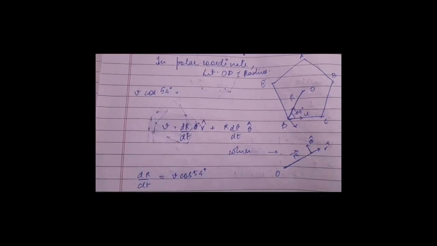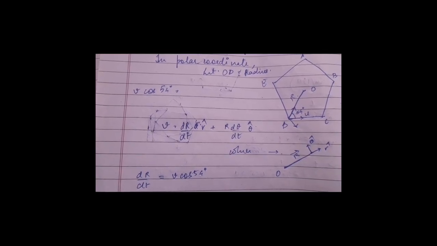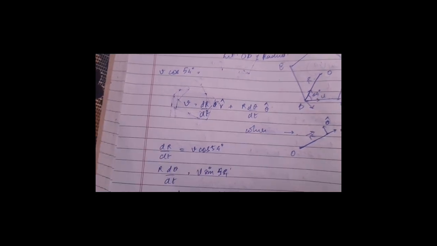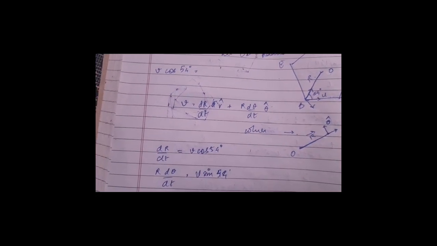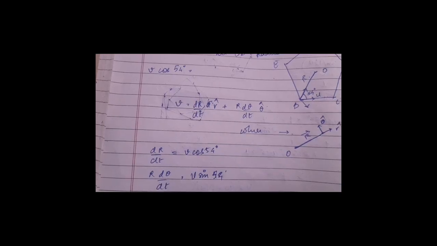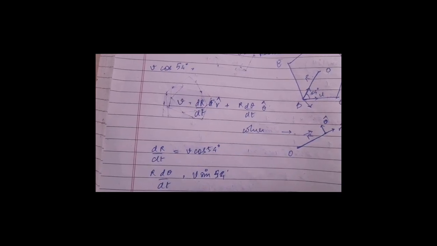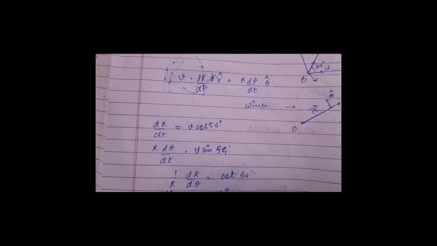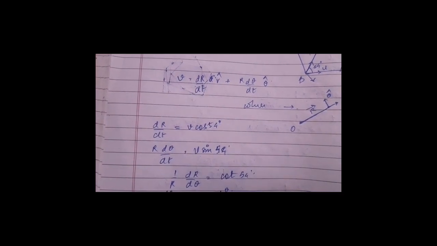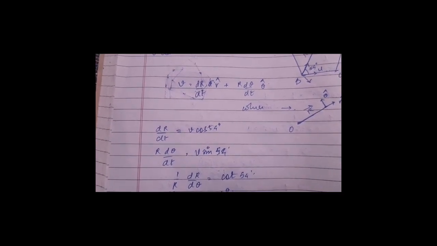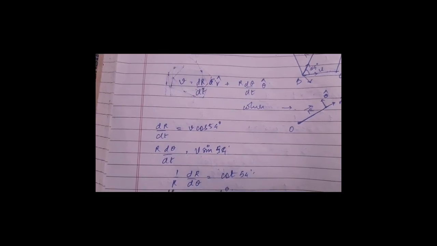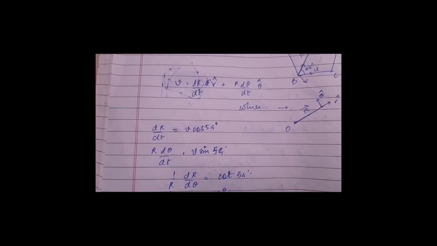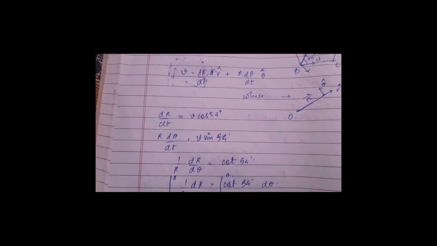If we consider OD as the radius of the pentagon, the velocity along that radius will be dr by dt, which is v cos 54, and perpendicular to the radius, r d theta by dt, which is v sin 54. So we have got two equations, and we can now try to bring r in terms of theta. Dividing, (1 by r) dr by d theta is cot 54.